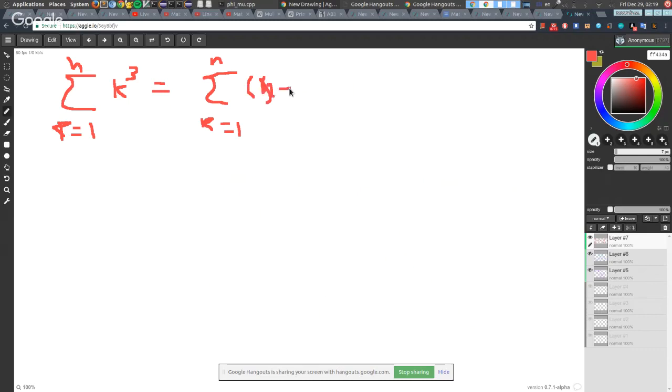So this is n plus 1 minus k to the power 4. To n, no, it's right now.